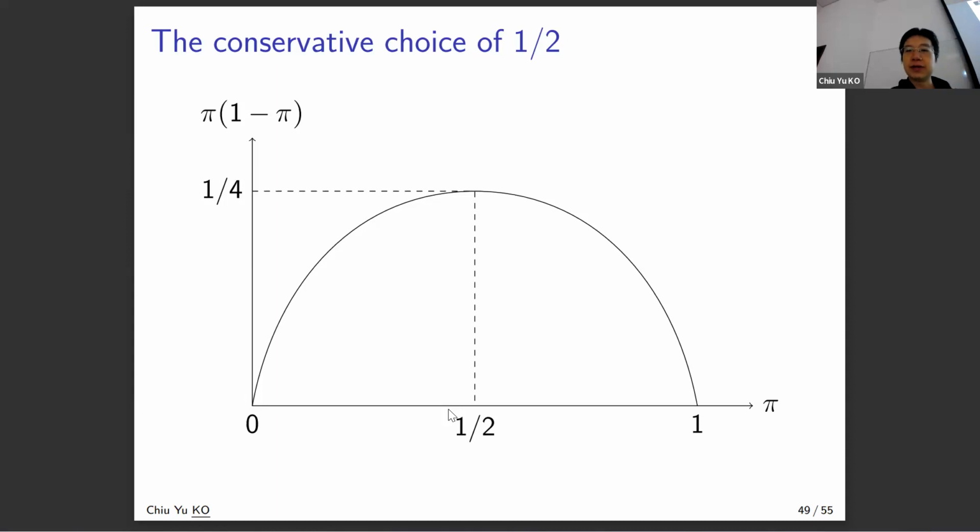When pi is 0, this is 0, 0 times 1. When pi is 1, this is also 0, 1 times (1 minus 1). And you can easily see it's a positive number in between. It turns out that when pi is 1/2, that's the maximum. You can easily prove it if you remember how to do quadratic equations.